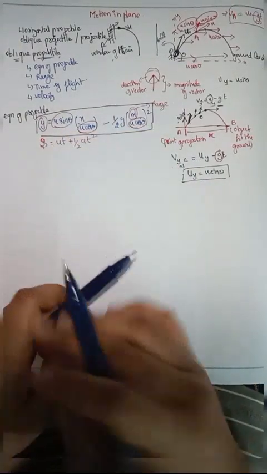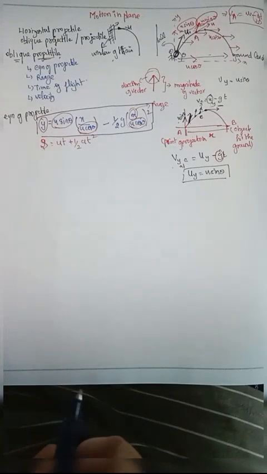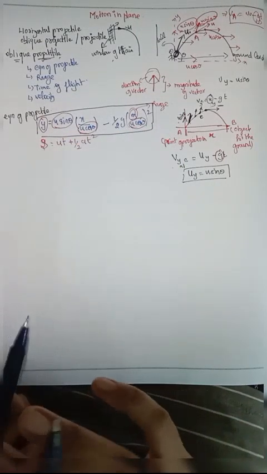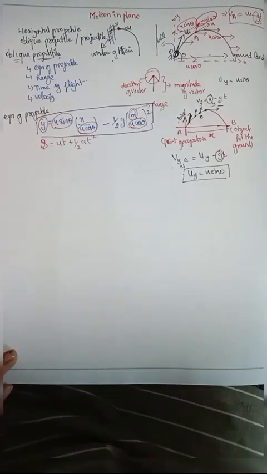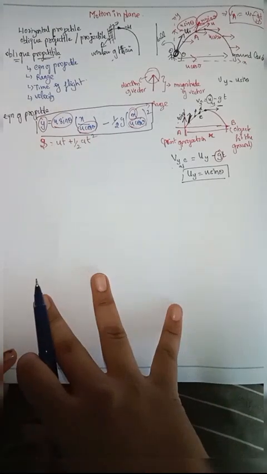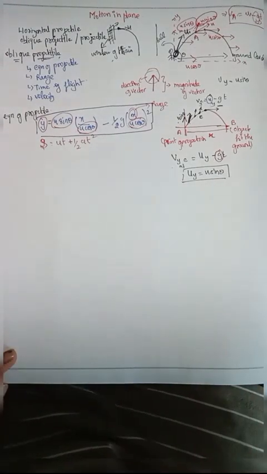Okay, you may ask now from where this equation comes. As I said before, there is no acceleration. What can you conclude from that? There is no change in velocity in the horizontal direction.